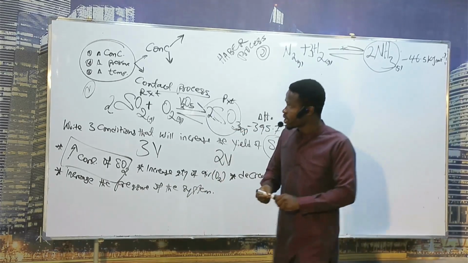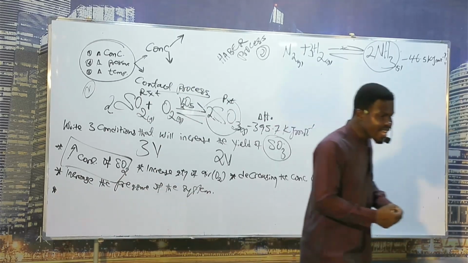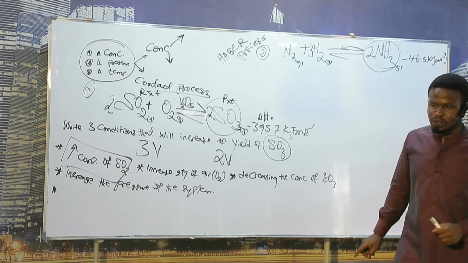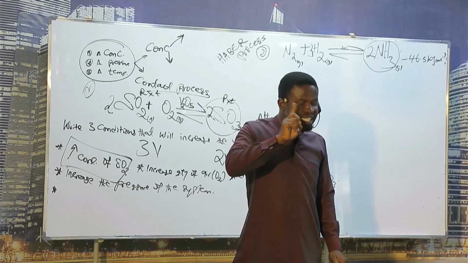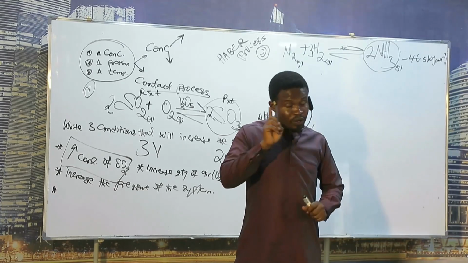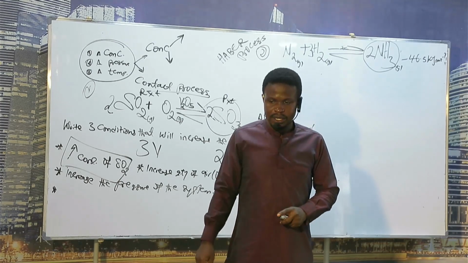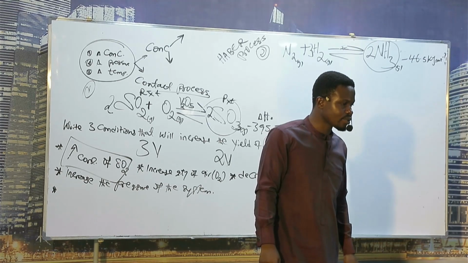Okay. Then consider temperature. We established there's something about temperature which we are going to do. Temperature can shift the equilibrium position and also affect the equilibrium constant. And I think we'll discuss equilibrium constant after now.